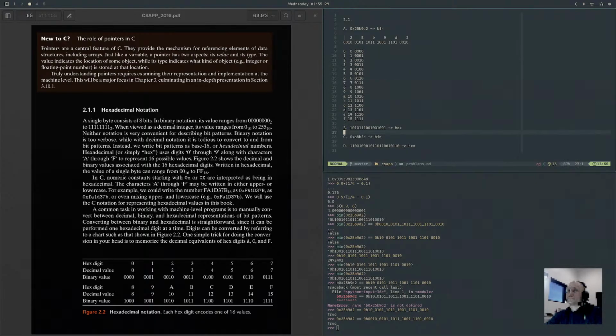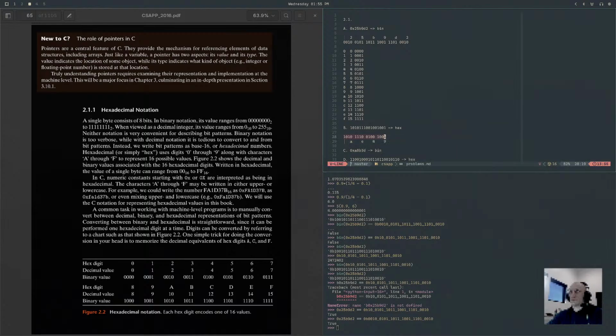Carry on here. Let's convert this binary to hex. So let's just grab that bad boy, paste it here. There we go. This will be A. This will be E. This will be 4, and this will be 9.